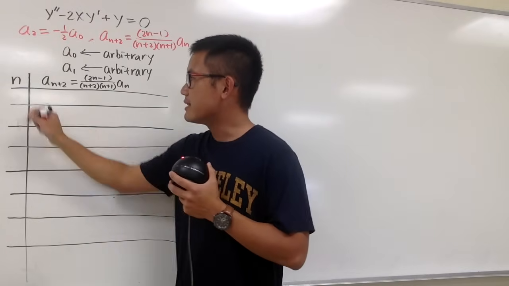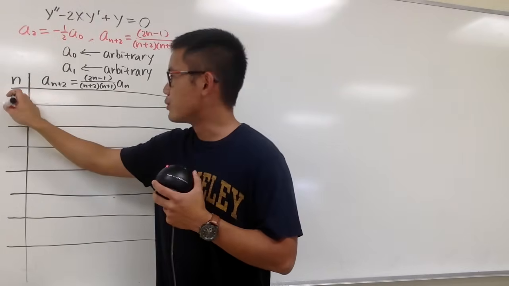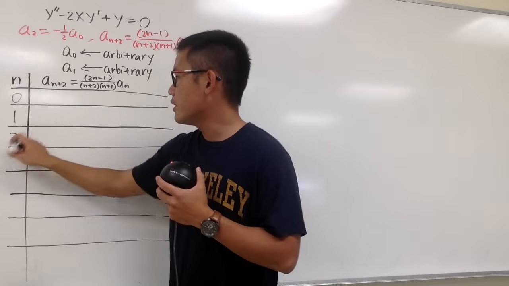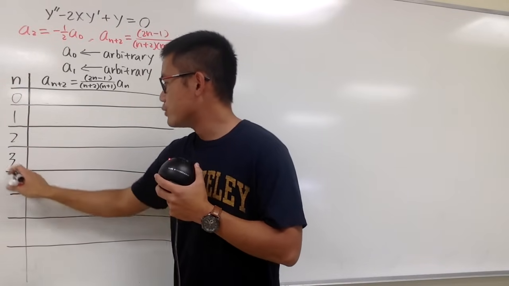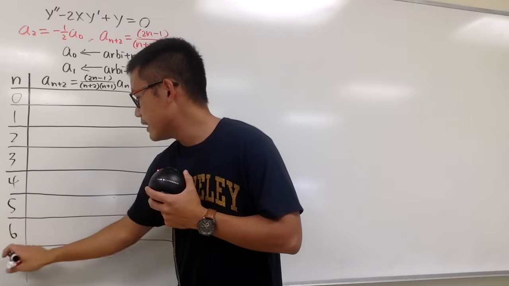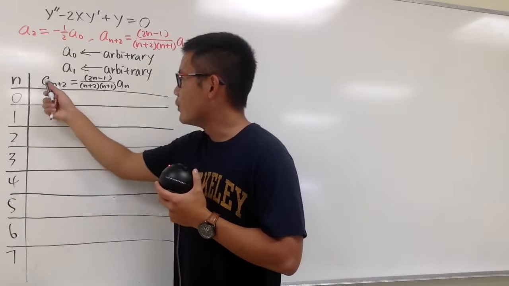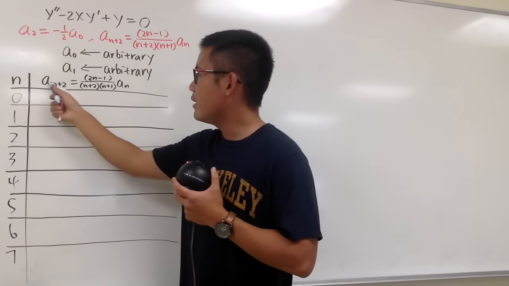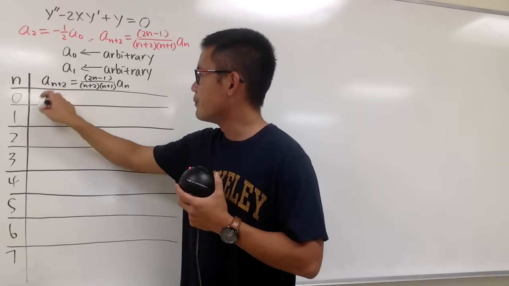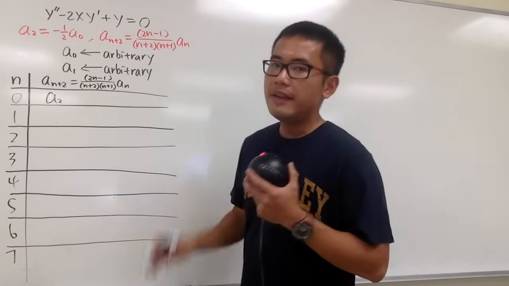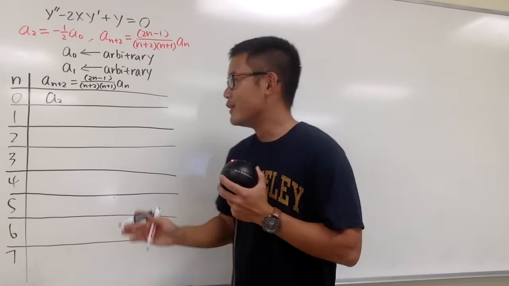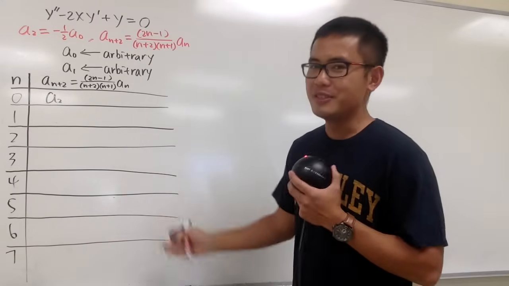So in this case, n start with 0, and then you can keep on going. And let me just do 0, 1, 2, 3, 4, 5, 6, and 7. When n is equal to 0, we know right here it will be a sub 0 plus 2, which is a2. Okay? And this is the easiest way that I find to fill in this table in this situation.